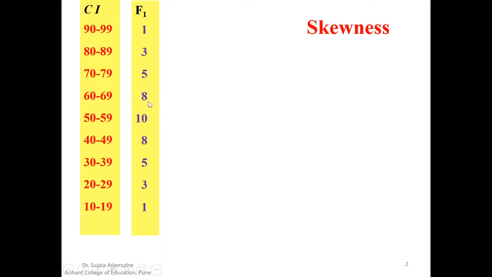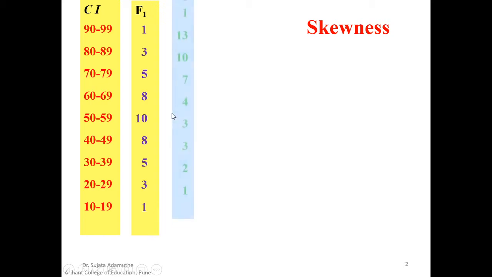That means here also 8, 8, 5, 5, 3, 3, 1, 1. If we draw the graph curve of this group, we will notice that it will be a normal probability curve. That means the middle has the highest frequency and on both sides it reduces in the same manner.